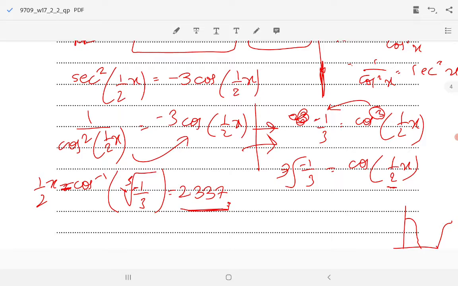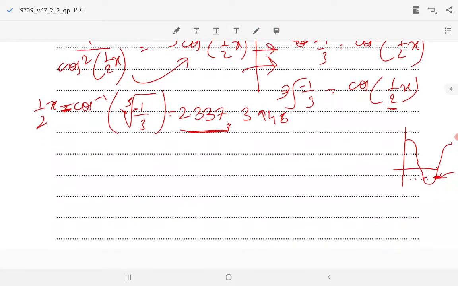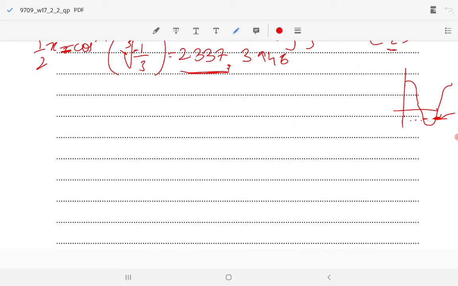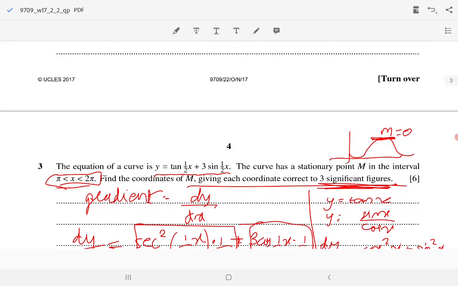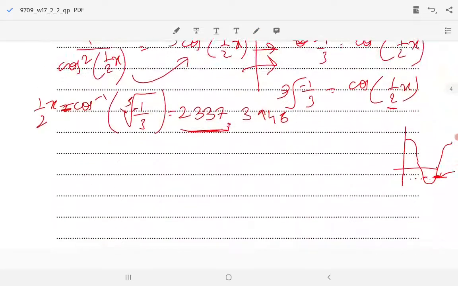So this other value is 3.946. Now these two values are equal to half of x. The range given is pi to 2 pi, which is 180 to 360.